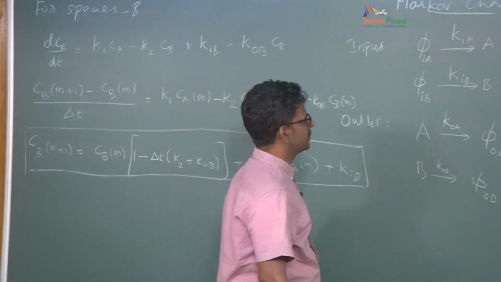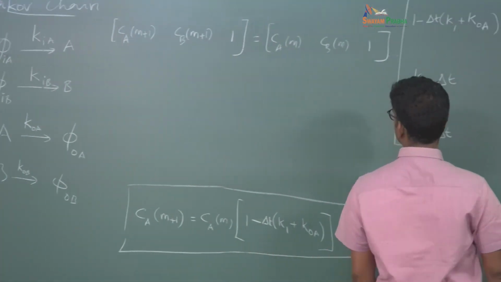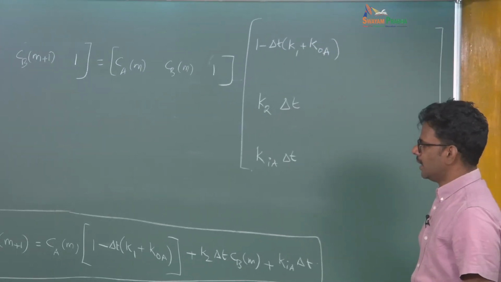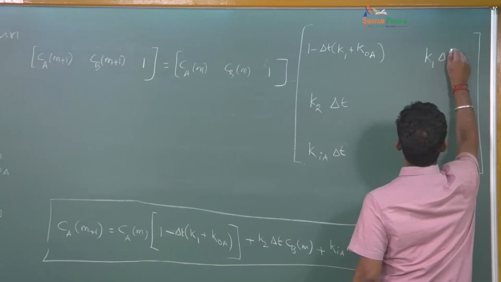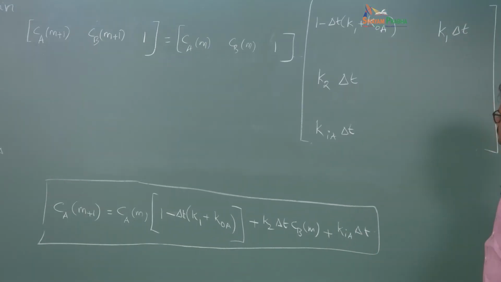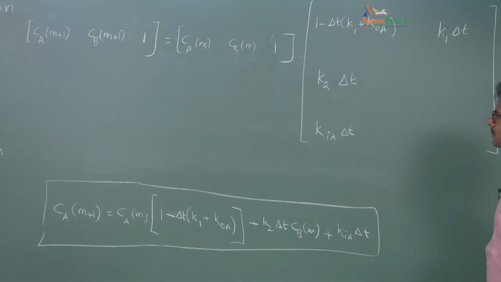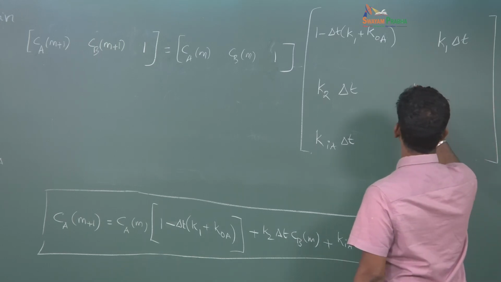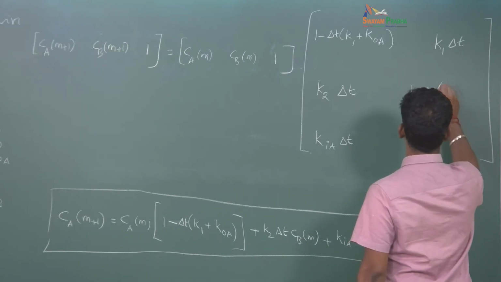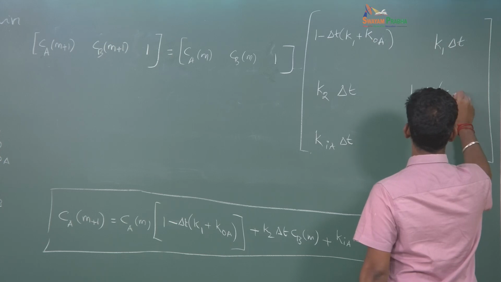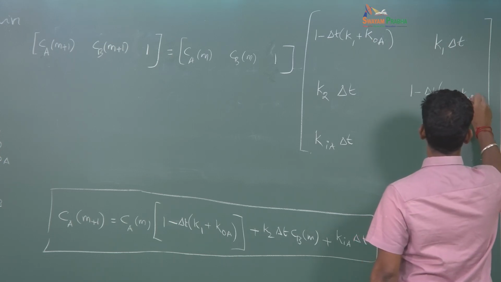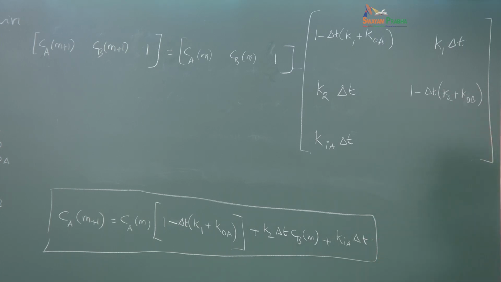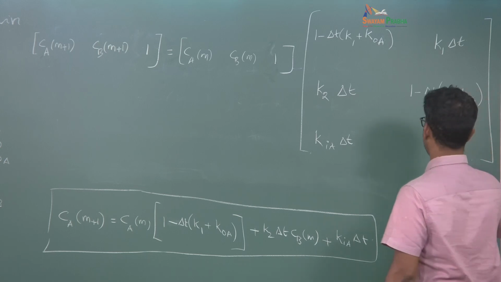And for this you would have K1 delta t, then 1 minus delta t into (K2 plus KOB), and then you have KIB.